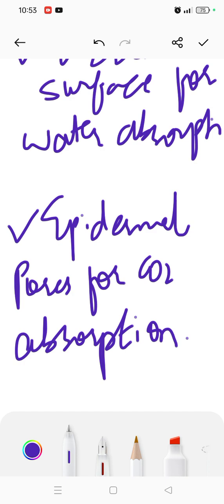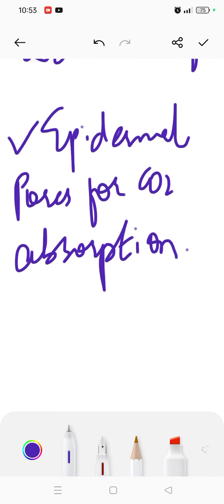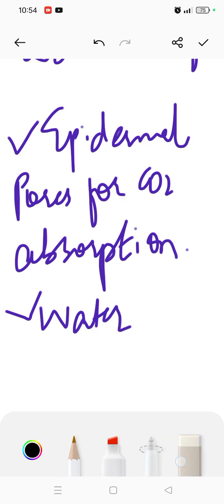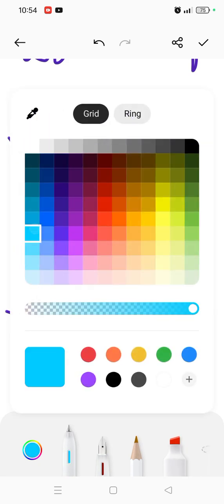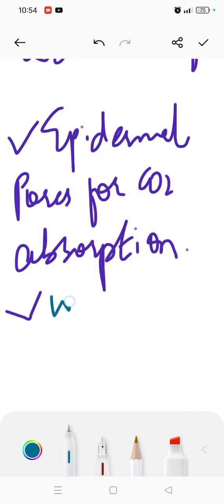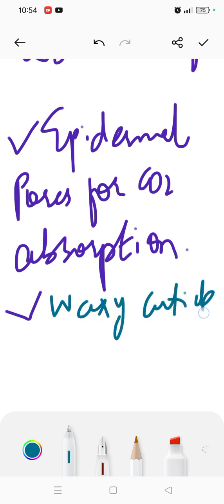And they have a waxy cuticle for the conservation of water.